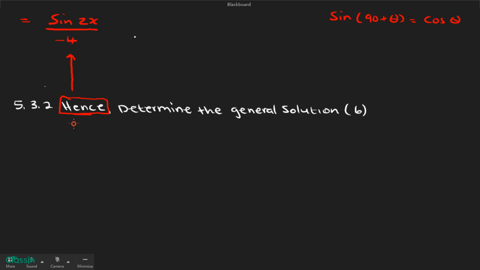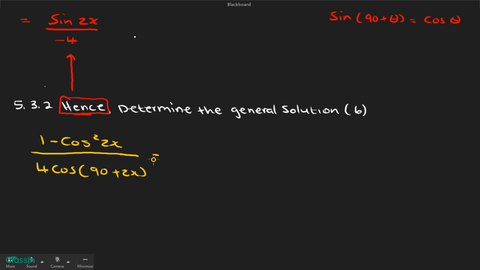So our solution in this case was negative cos squared 2x over 4 cos 90 plus 2x.